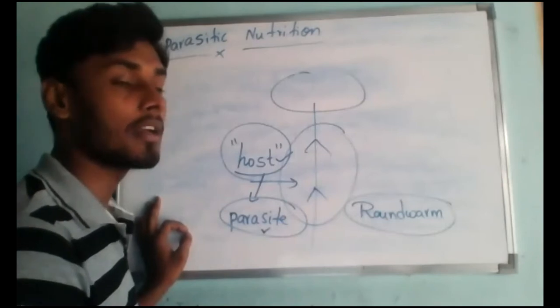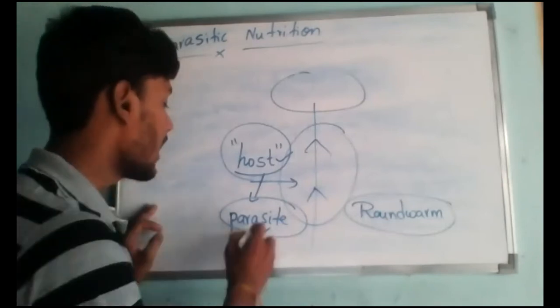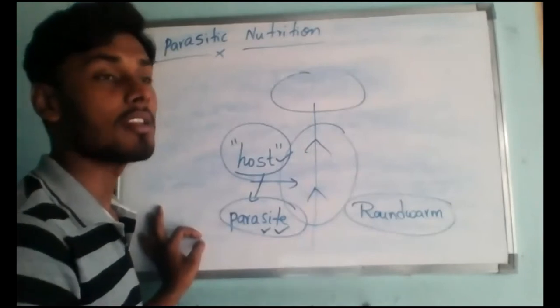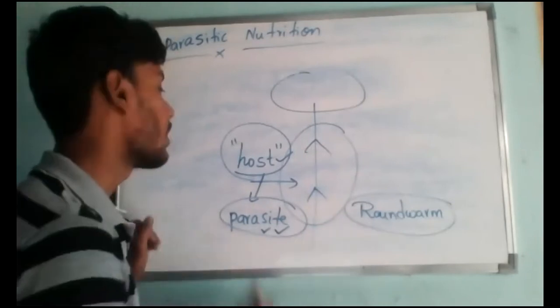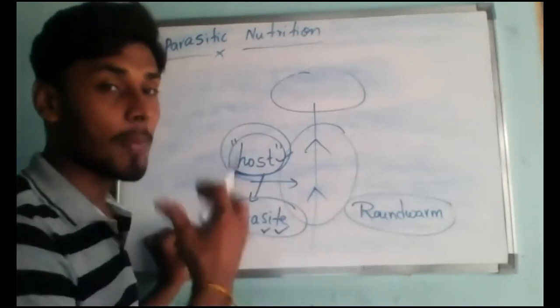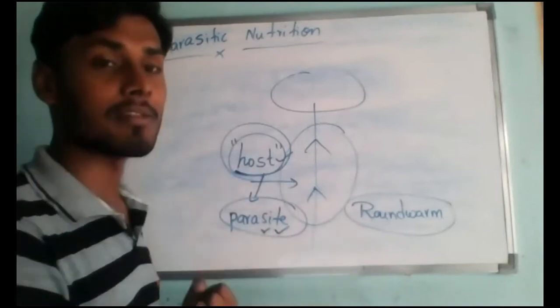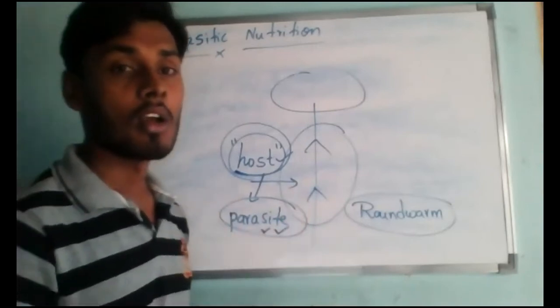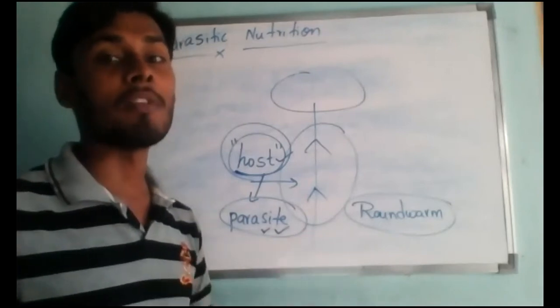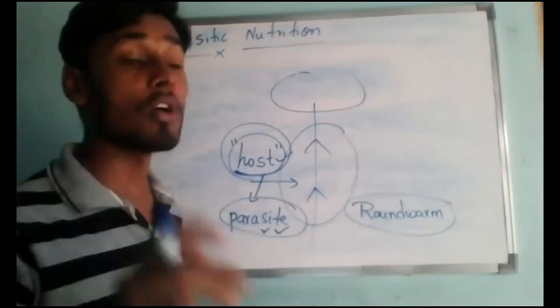It may be a plant or maybe an animal. A parasite is an organism which feeds on another living organism called its host. That's all. So this parasite always draws its food from the host, but gives no benefit to the host. That is most important.